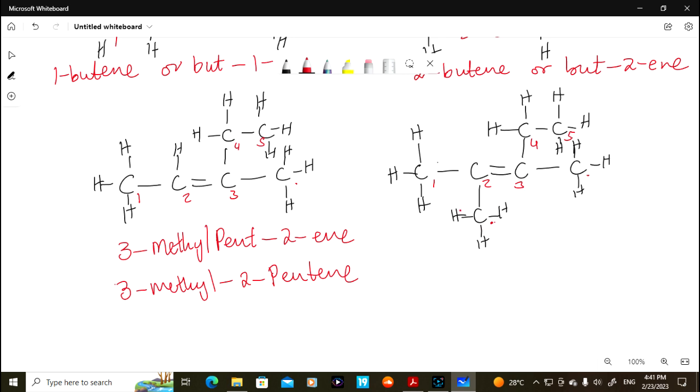So now from here, how do we name? This methyl branch is on carbon number 2. This one is on carbon number 3. Okay, so we have 2,3-dimethylpent, right?